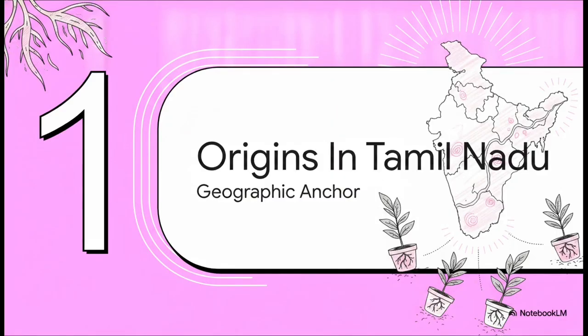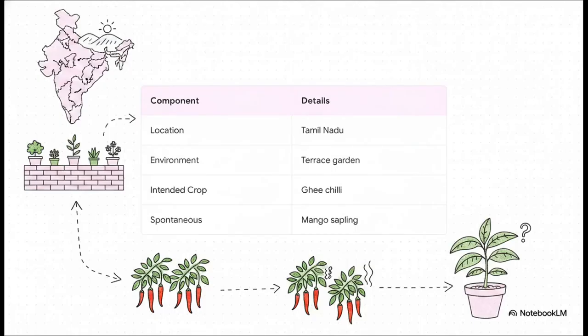Section 1, Origins in Tamil Nadu. We've basically taken that single sentence and transformed it into a structured dataset. Starting at the absolute macro level, we've got the location, Tamil Nadu, India, a region totally known for its rich agricultural heritage and distinct climate. Then we zoom in right down to the immediate environment, a terrace garden.